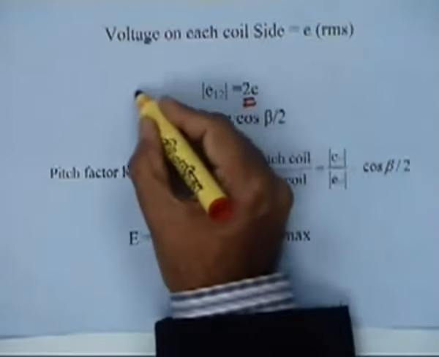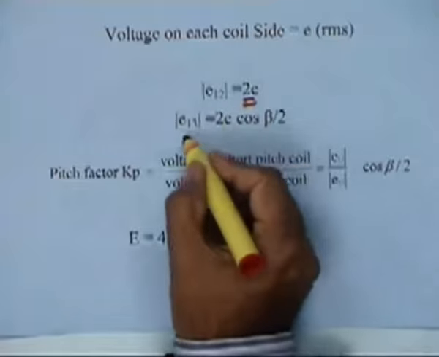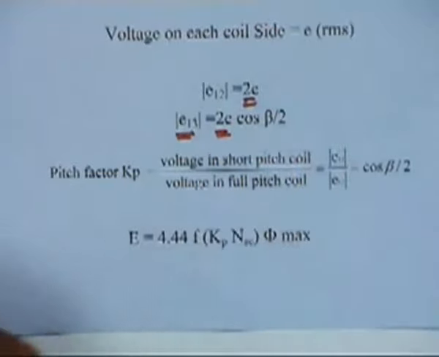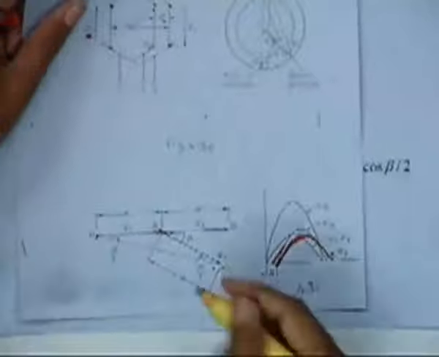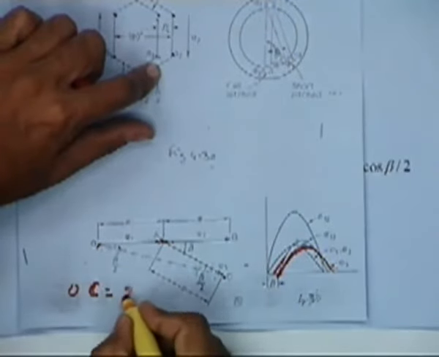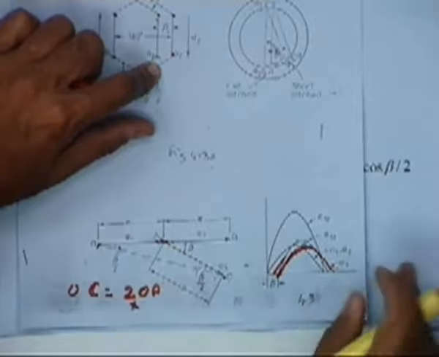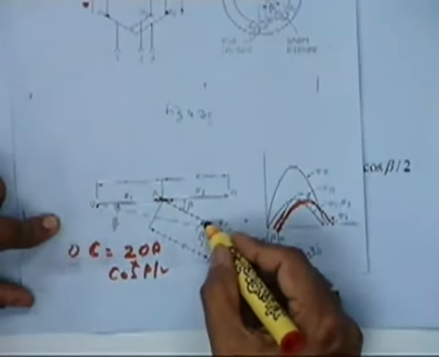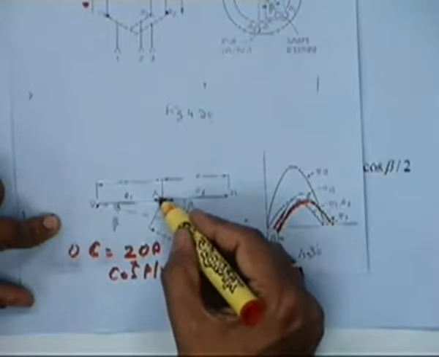And we get a suitable expression for the full pitch, we have E12, it is 2E, and in short pitch we get an expression 2E into cos beta by 2, because you will notice that this OC will be twice OA into cos beta by 2, because this is beta by 2, and this is twice this.